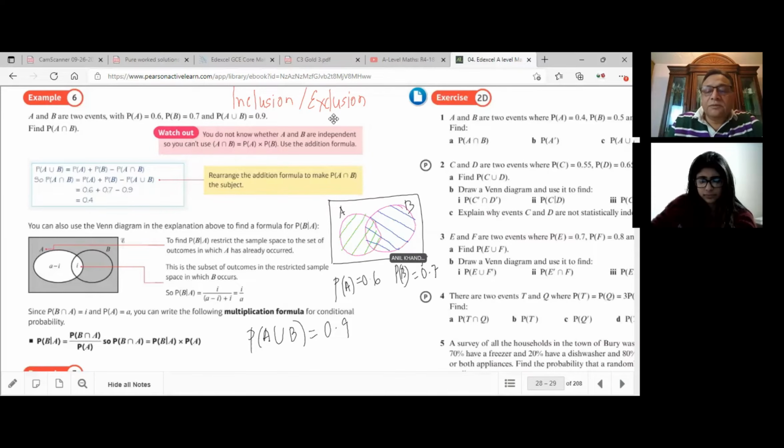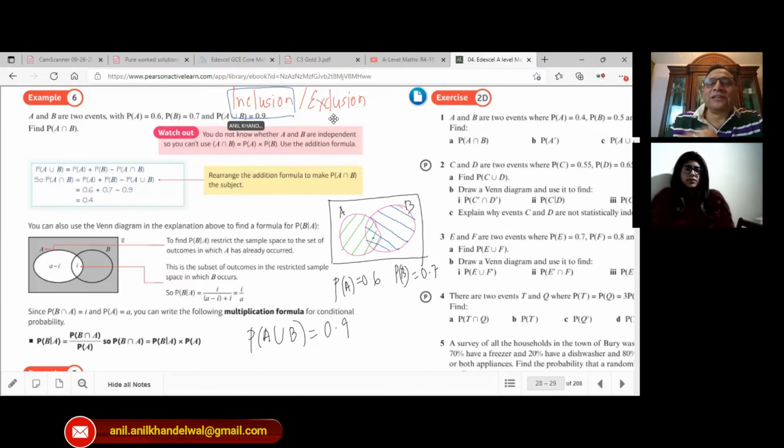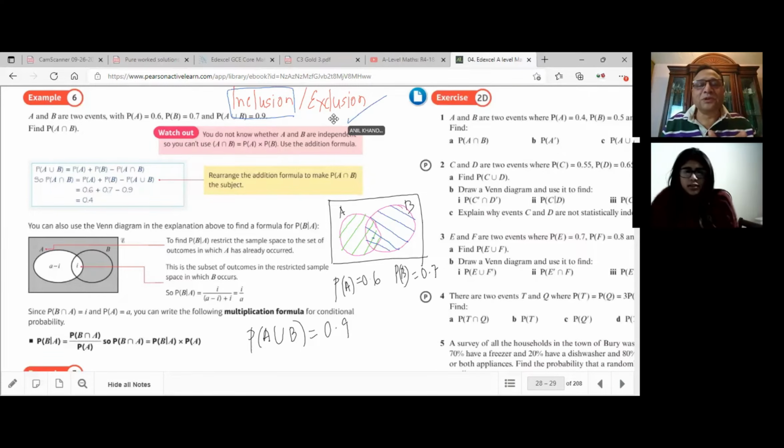Now, the center portion has been counted twice. Since it has been counted twice, that is why we are getting the sum as more than one, correct? We have to take it out. It has been included twice, and therefore we need to exclude it. So that is the principle of inclusion and exclusion.